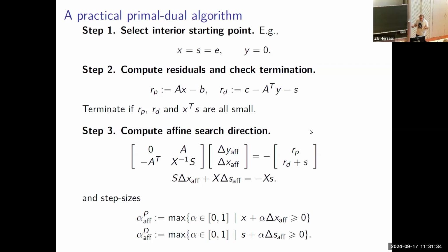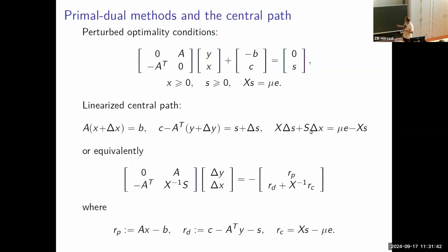If not, then we first compute what is called the affine search direction. The affine search direction is the same as what we have here, except we cancel this centering perturbation. So we solve this linearized central path equation, but we ignore this term.